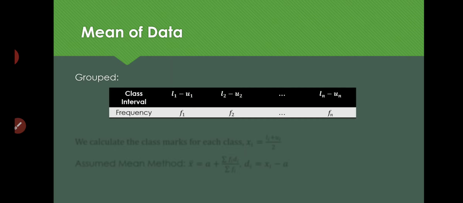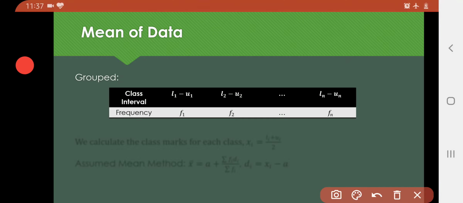In case of grouped data, if we have the class intervals and frequencies given like this, L1, U1, L2, U2, these are all the class limits, lower limits, upper limits, then we can use the same formula: x bar is equal to summation of fi xi by summation of fi, but here the xi's are called the class marks.